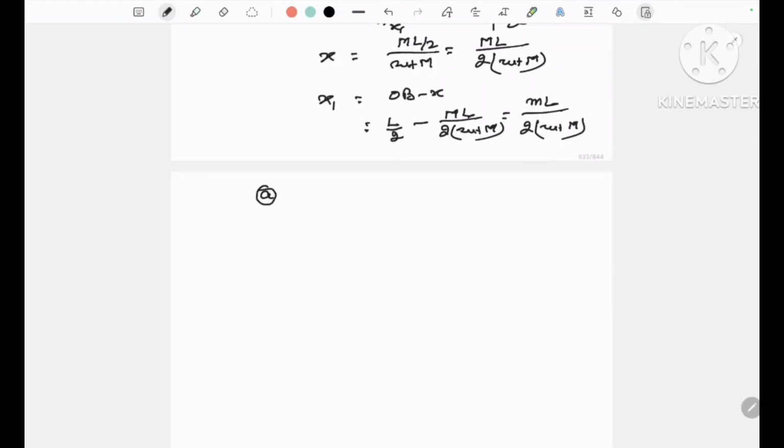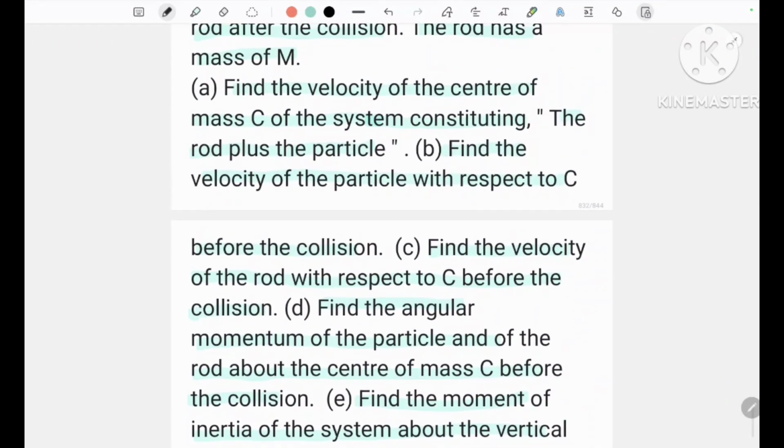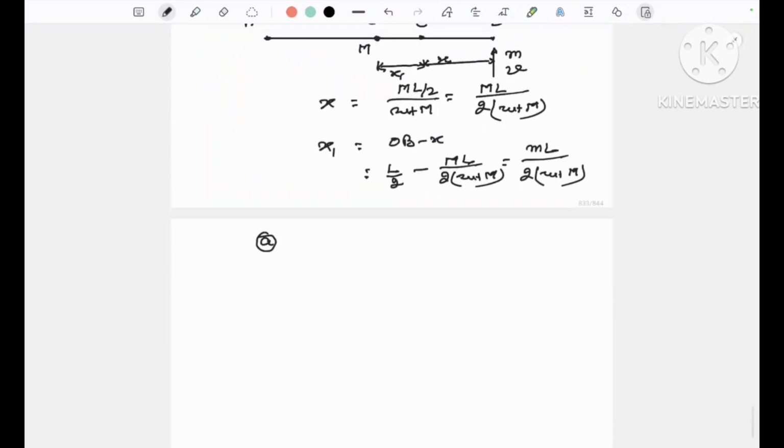Part A. Find the velocity of the center of mass C of the system constituting the rod plus the particle.